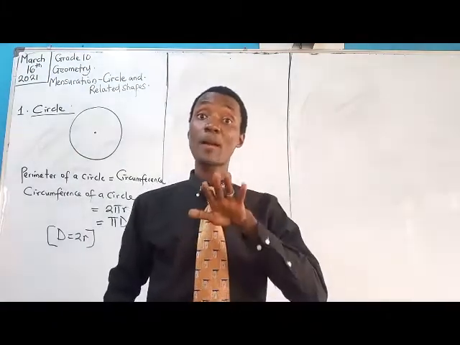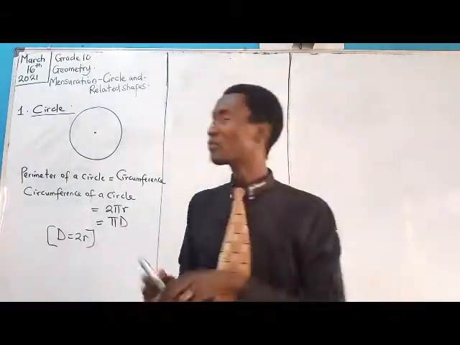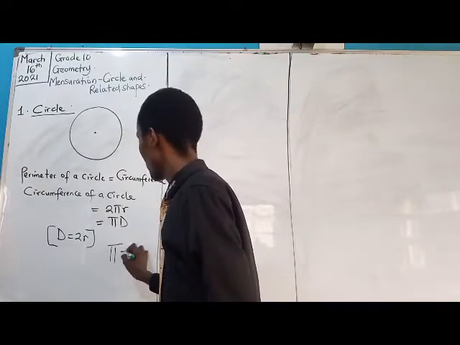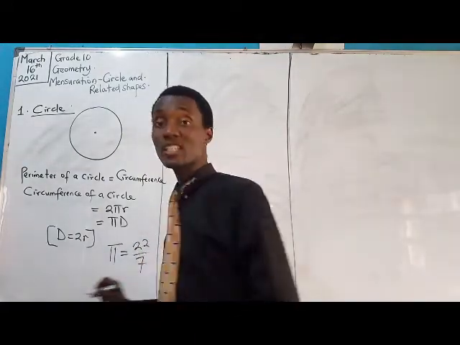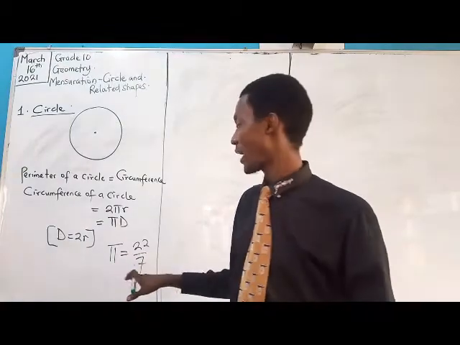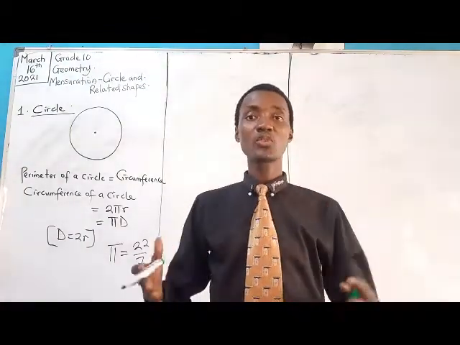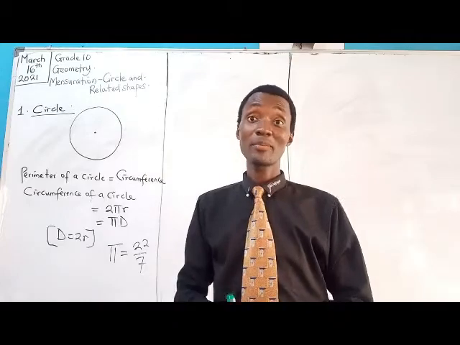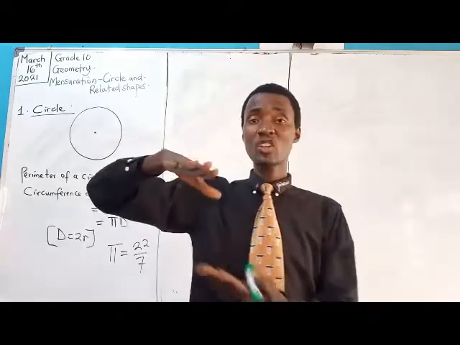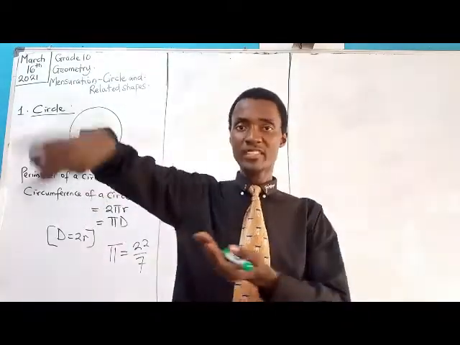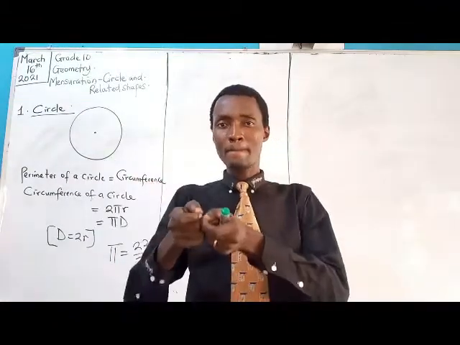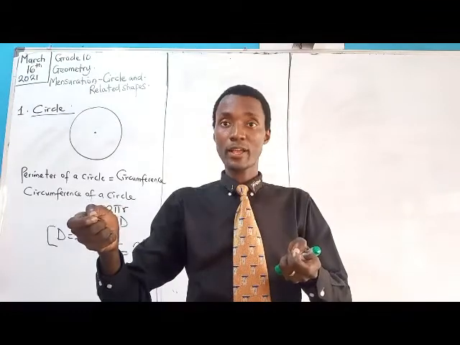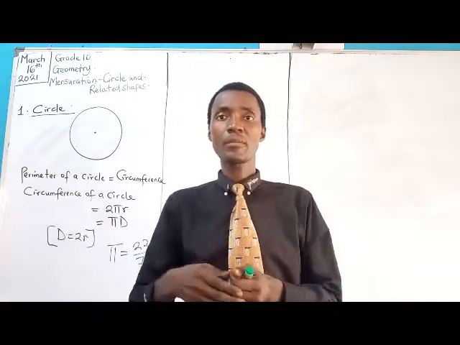There's an experiment you can perform to show that pi is equal to what? 22/7. And this experiment is very simple. Get a sheet of paper, draw a circle. Once you've drawn the circle, measure the diameter of that circle. Keep the measurement.